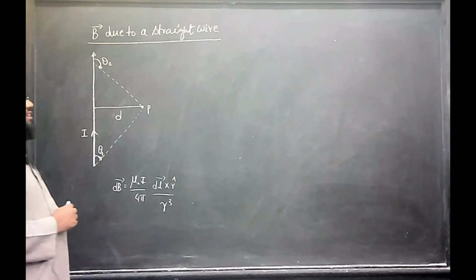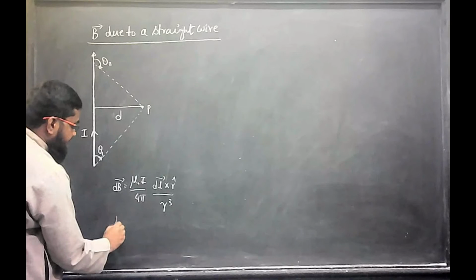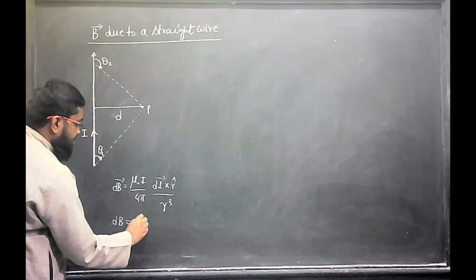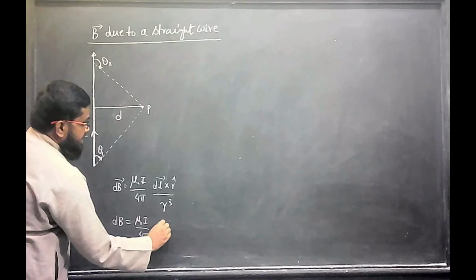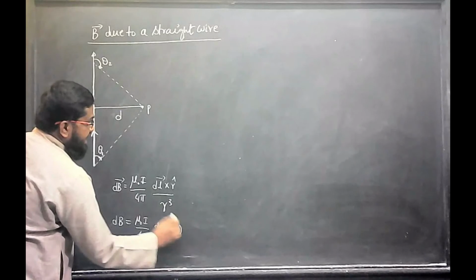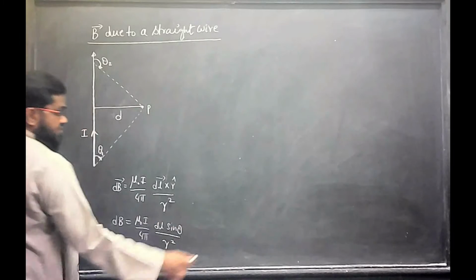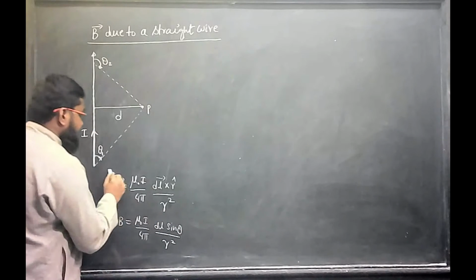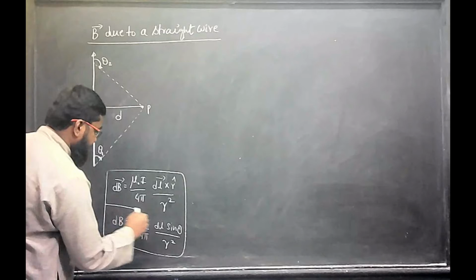So this can be written as dB equal to mu naught I divided by 4 pi, dl sin theta by r square. This is the formula, in vector form. It will give both the magnitude as well as the direction.